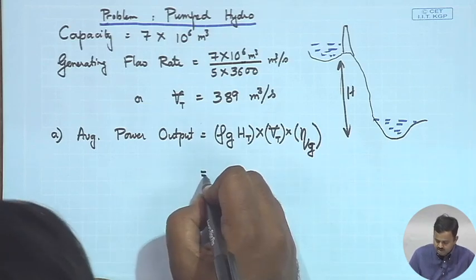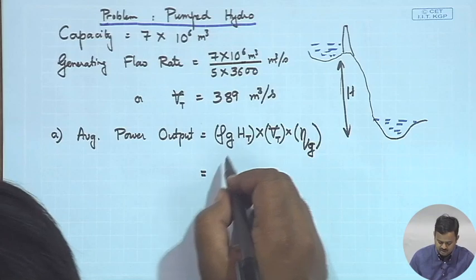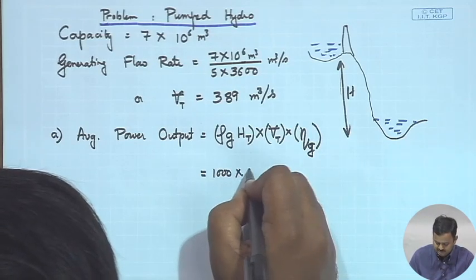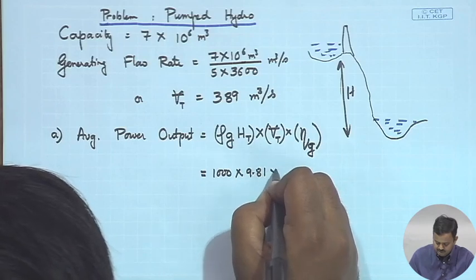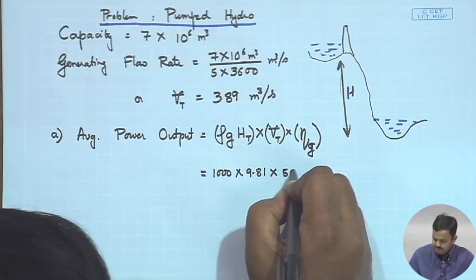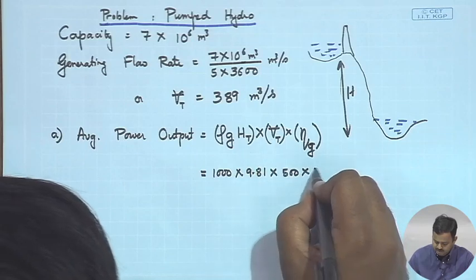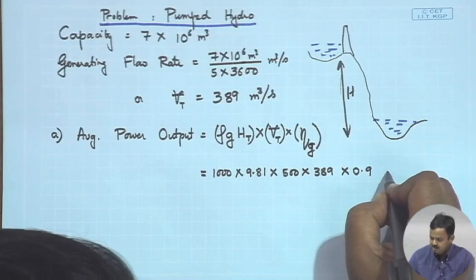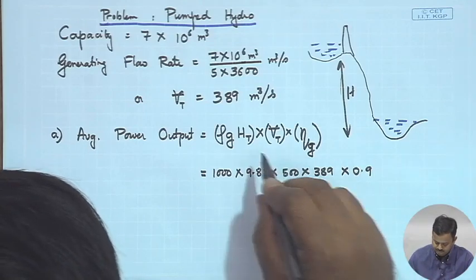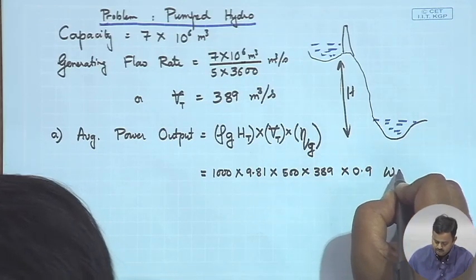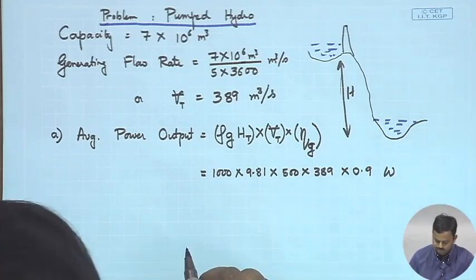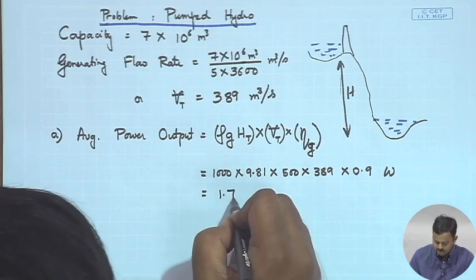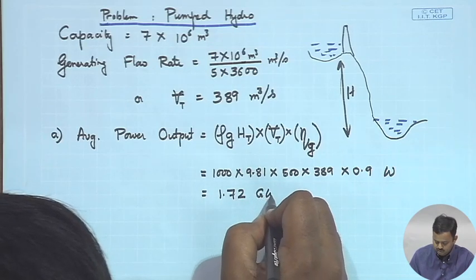So, therefore, everything is known. Rho is like 1000, I will write it for the first time, next time I will not, 9.81 times pumping head 500 times the volume flow rate 389 times the generator efficiency 0.9, and this will be in watts, clear, and this turns out to be 1.72 gigawatts.